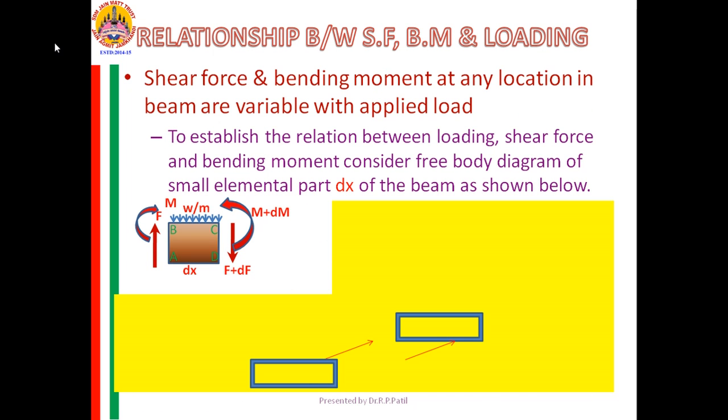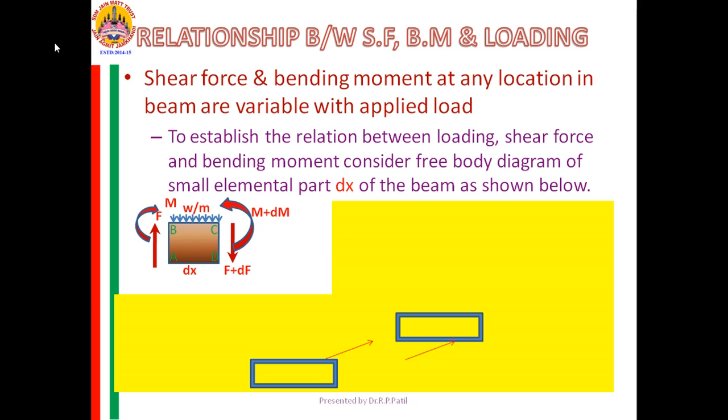If on one side the shear force is acting in the upward direction, that is F with an arrow upward, on the other side it will act in the downward direction. Like that, the bending moment on one side acts in the clockwise direction, and on the other side it will be in the anti-clockwise direction.